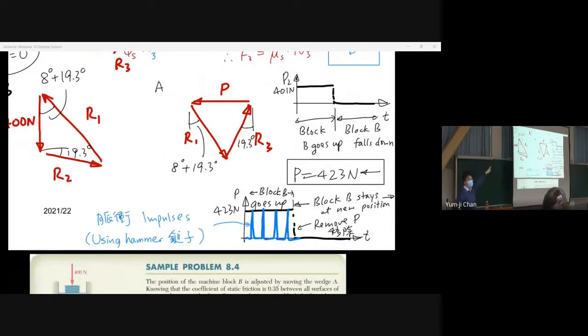The difficulty is to draw the free-body diagram. After you have marked your handout, please go to the next page.